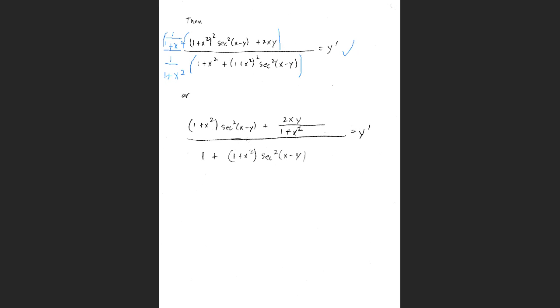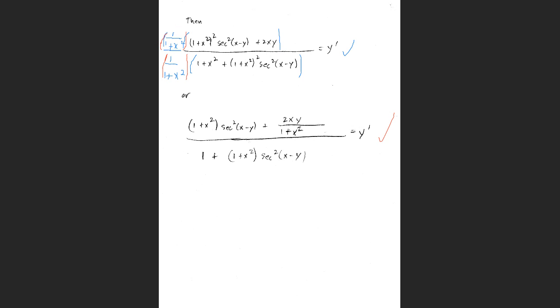On the top, multiply by that little rational function on the top and the bottom. And by doing that, I will get this expression here, and that is correct.